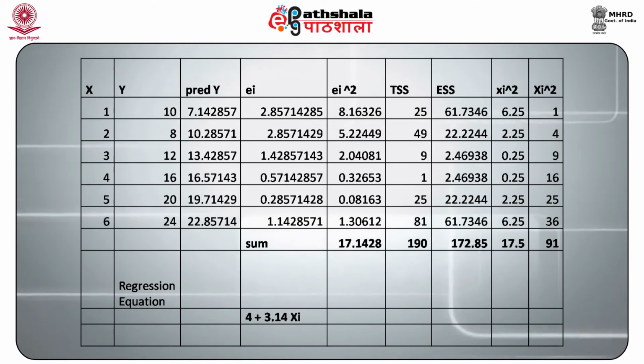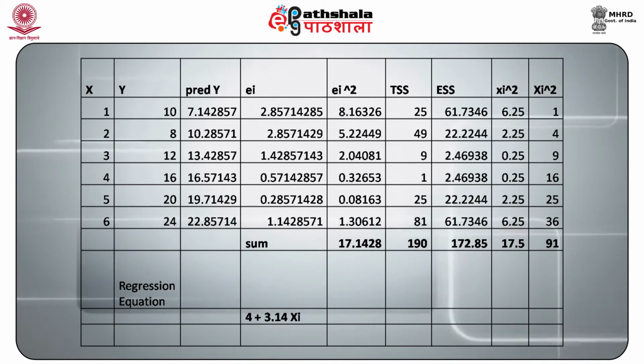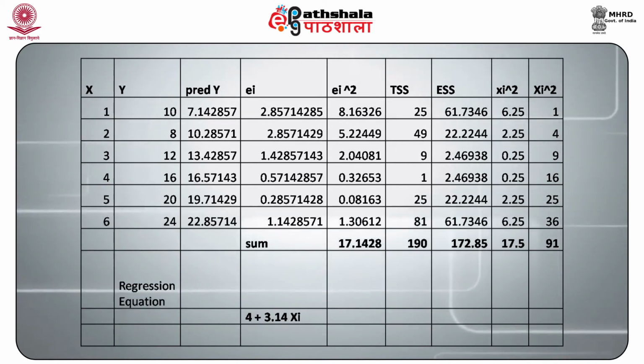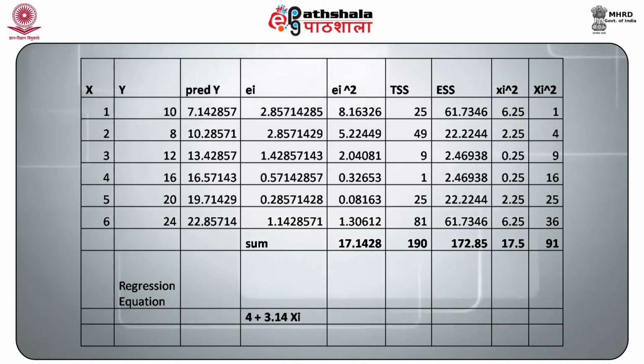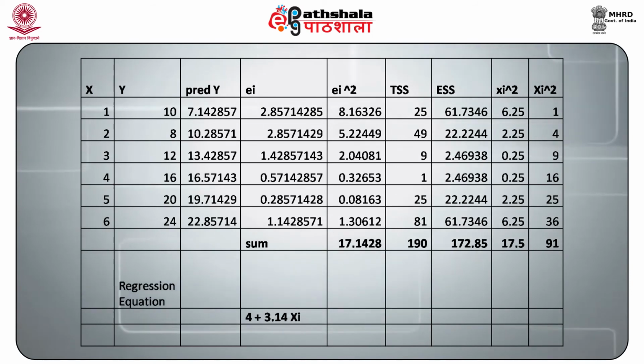I need not read them out. The residual ei, which we can calculate, is nothing but the difference between the second column and the third column, because ei is equal to yi minus the predicted value, which is y hat. So 10 minus 7.1429 is equal to 2.8571, which is our first cell value of the error term.